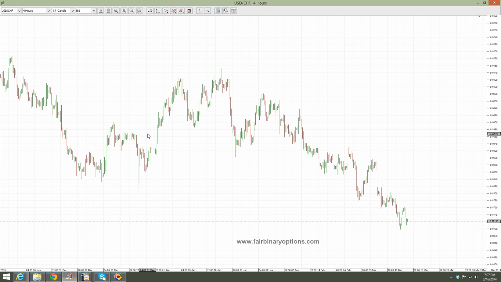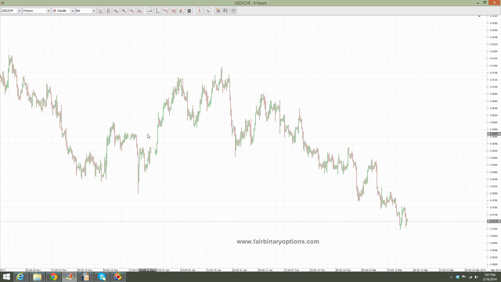And as you very well know, the Swiss franc is a safe haven currency, meaning in tense periods, in particularly aggressive situations on the markets, traders have the tendency to buy safe assets, and the Swiss franc is perceived to be a safe asset. Now, I don't know if that is going to be the case next week.